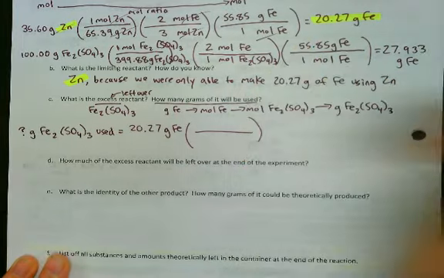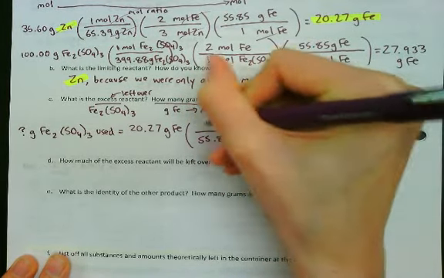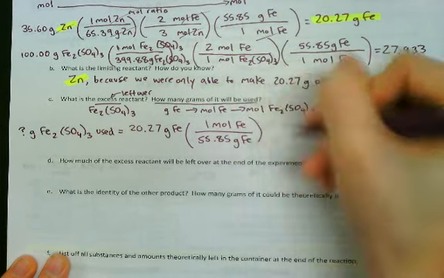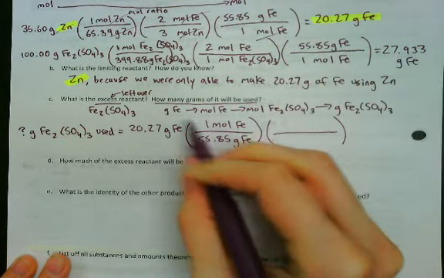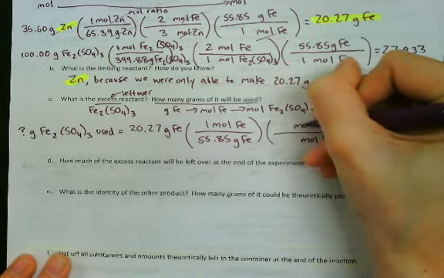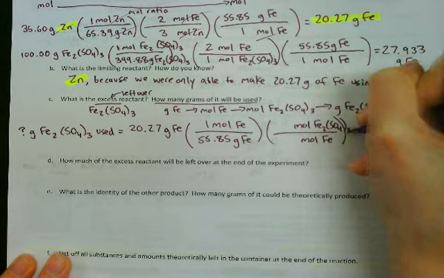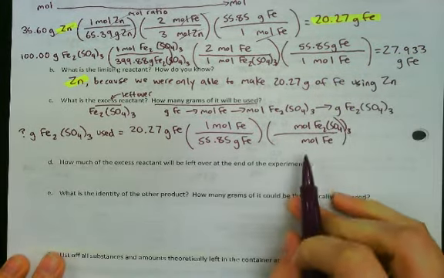So here we go. We know there are 55.85 grams of iron in 1 mole of iron. Next up, we're going to go mole to mole. Moles of iron to moles of iron 3 sulfate, apologies.